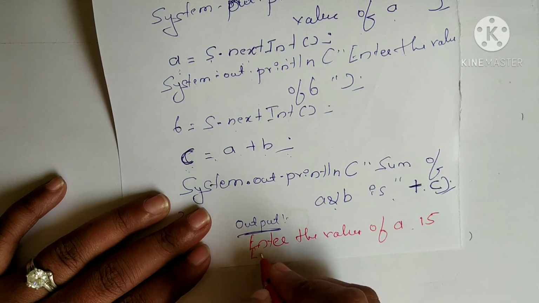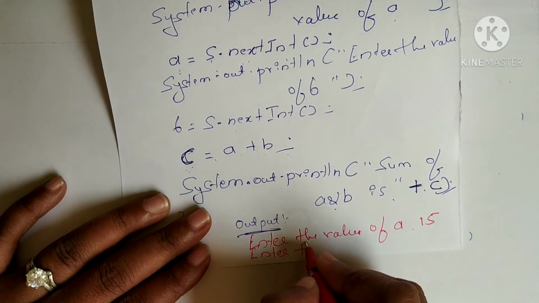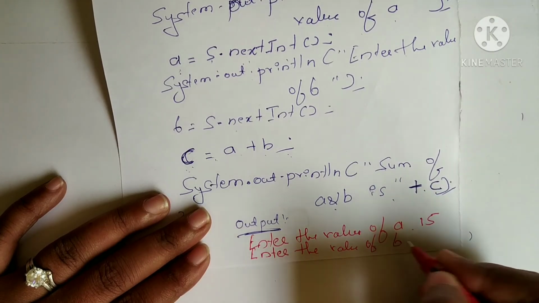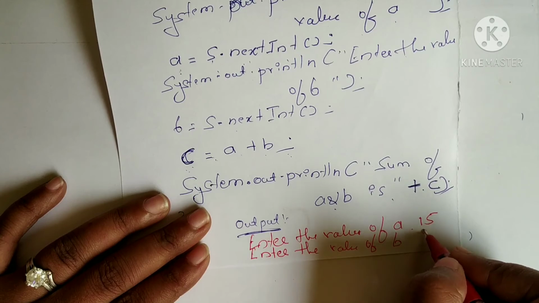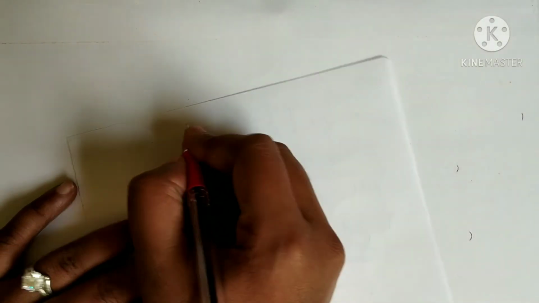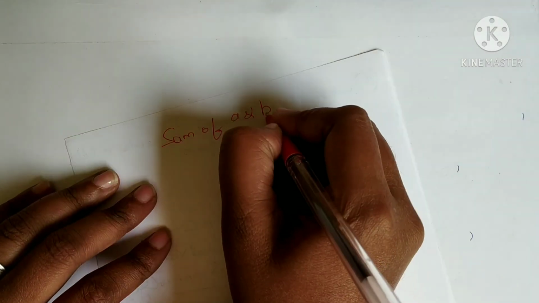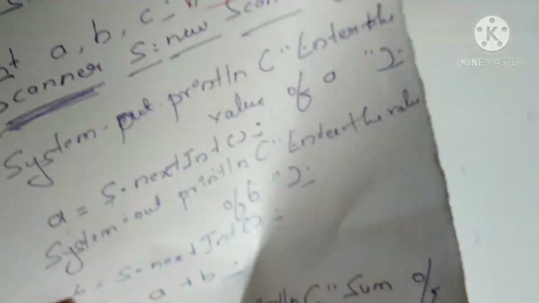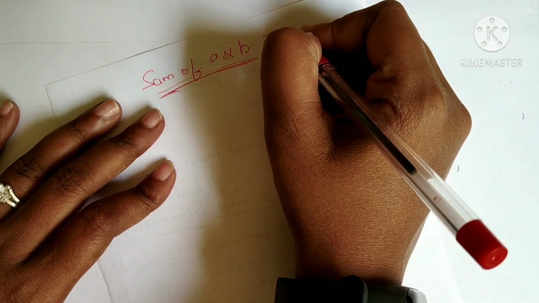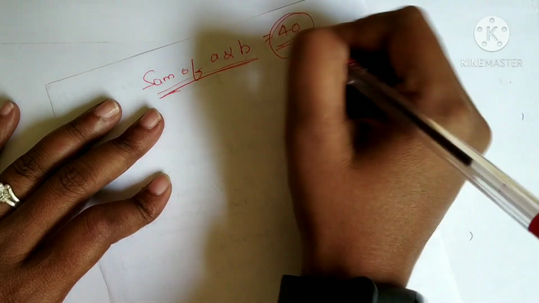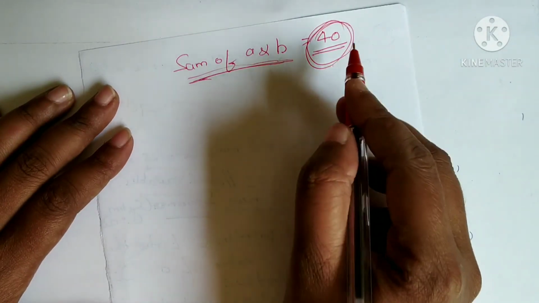Then the next statement comes automatically, the value of b. Again we have to enter the value, that is 25. Then the sum is printed in the console, that is a plus b, 25 plus 15, that is 40, automatically added and displayed in our console.